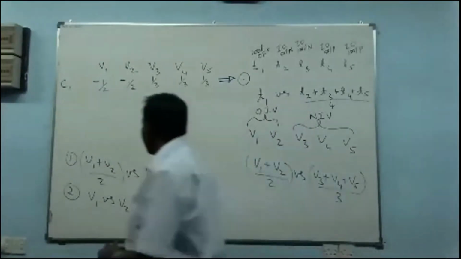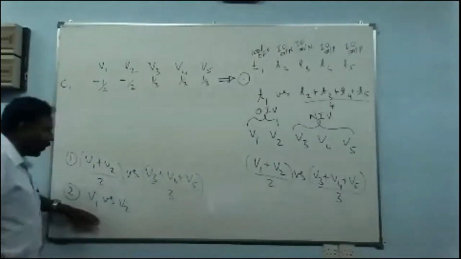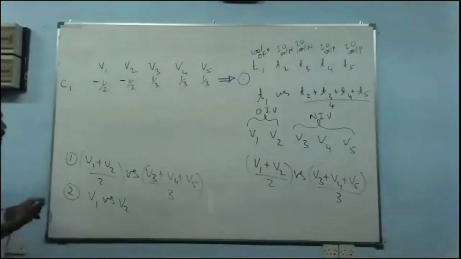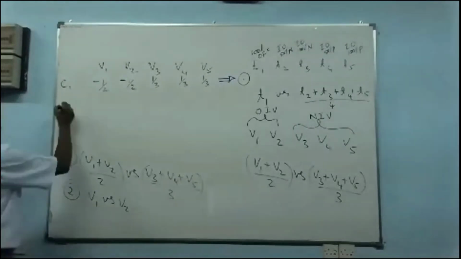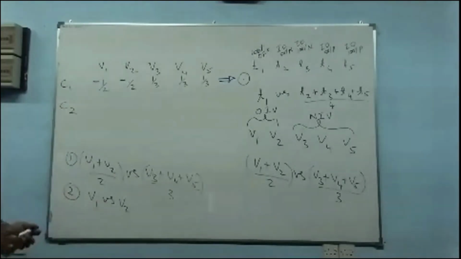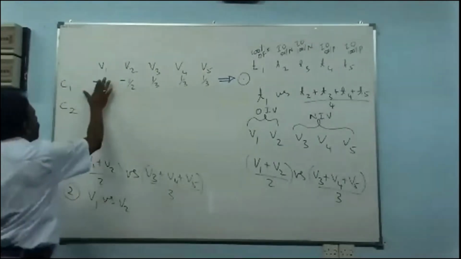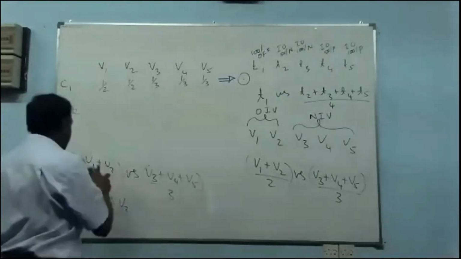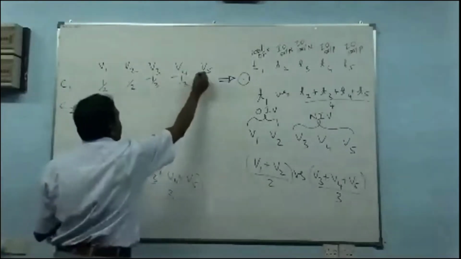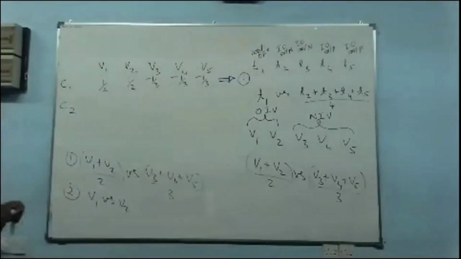If I want to put the coefficient for the second contrast, I will call it C2, contrast number 2. Second contrast, how can I put the coefficient? I just keep it as it is. It's easy for you all.